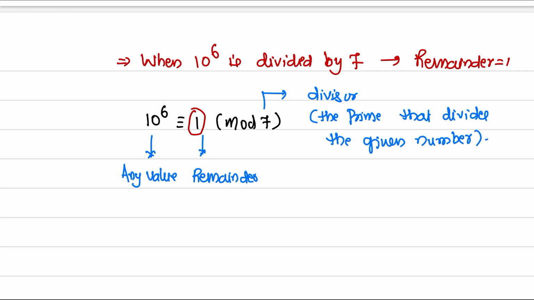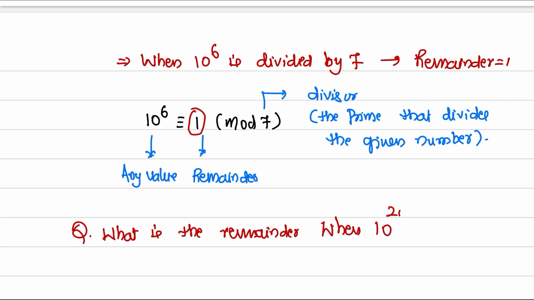Now, the question is, the given question, what is the remainder when 10 to the power of 2025 is divided by 7?